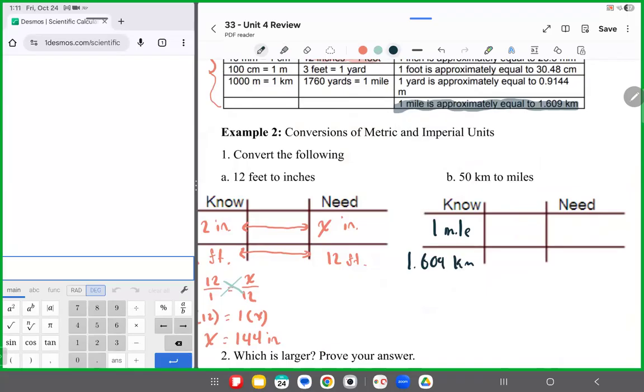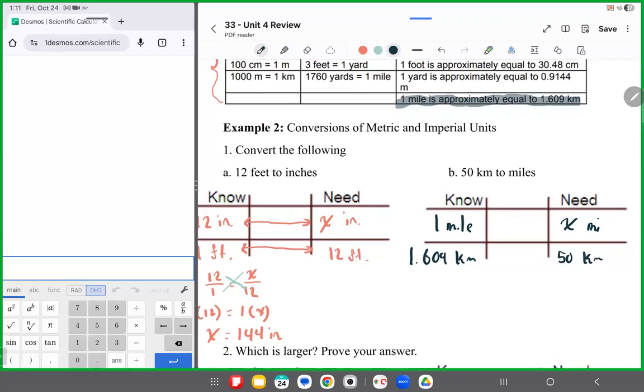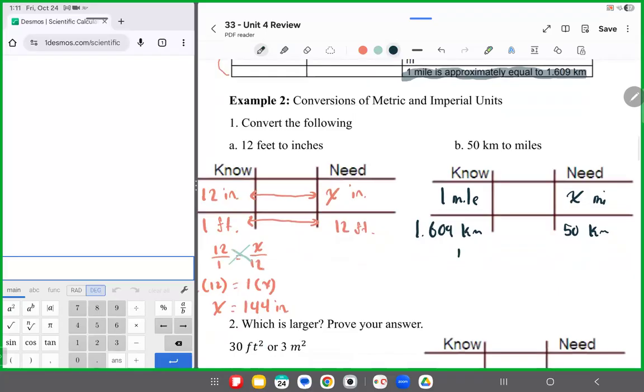And we're curious as to how many miles there are in 50 kilometers. And so writing down our ratio, we can see that 1 over 1.609 will be equal to x over 50.